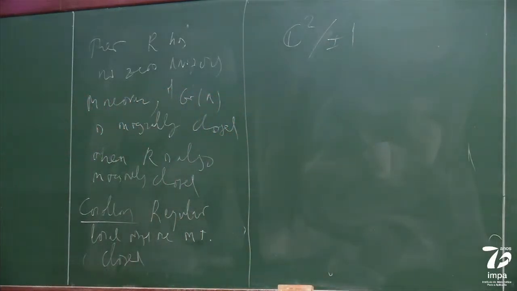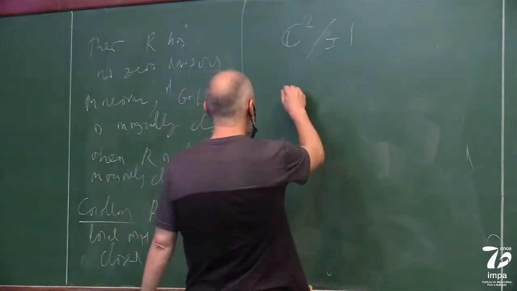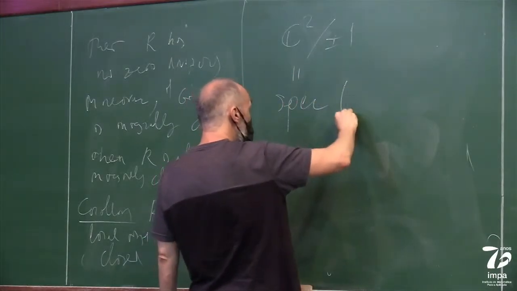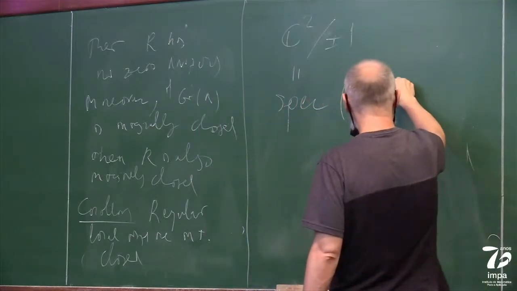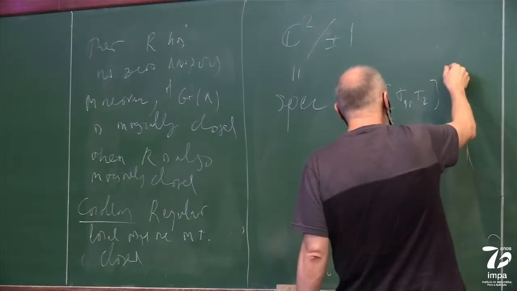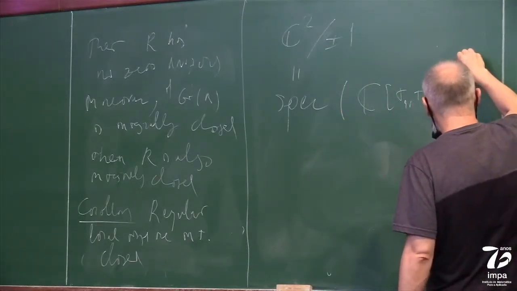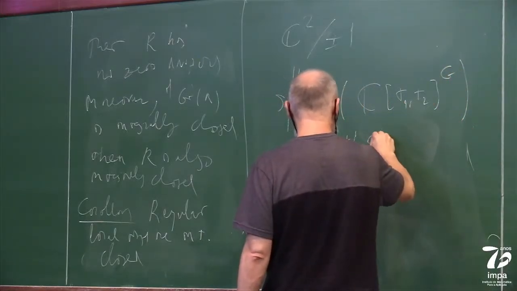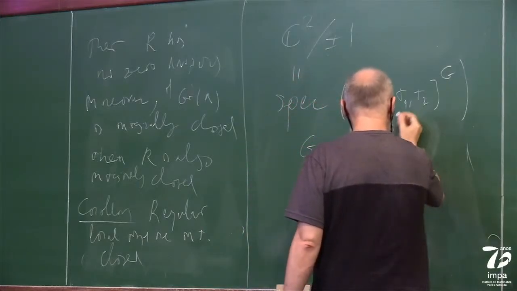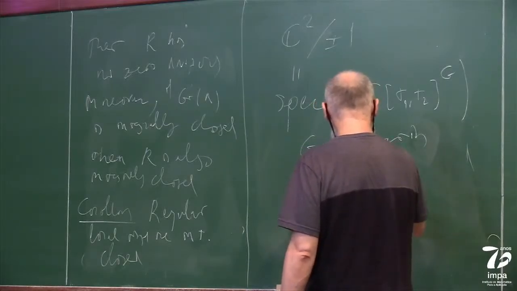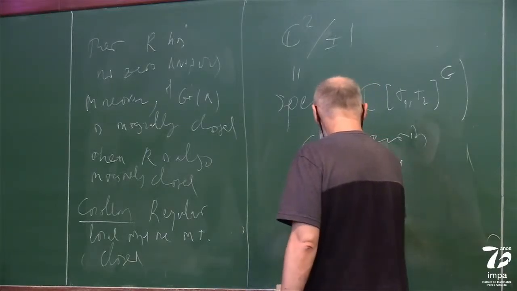Taking the quotient by plus minus 1 is equivalent, this is something we proved, to the spectrum of polynomial functions in T1, T2 which are invariant under G, where G is plus minus 1, acting by T1 goes to minus T1, T2 goes to minus T2.